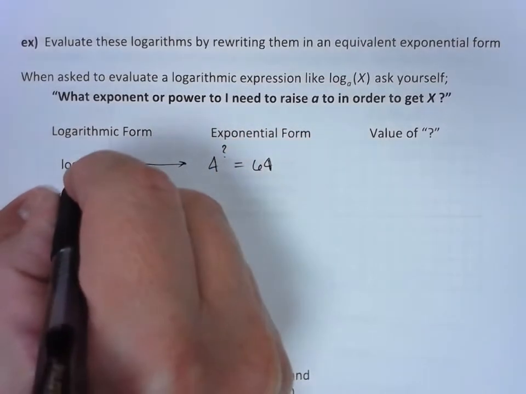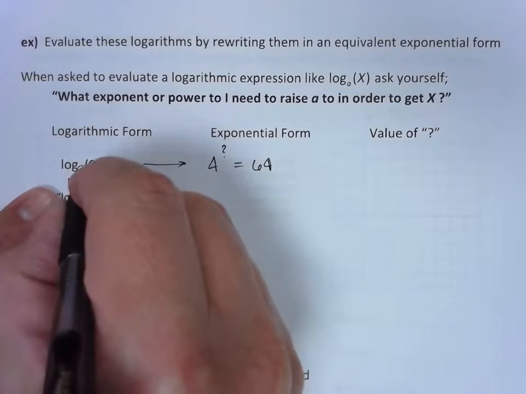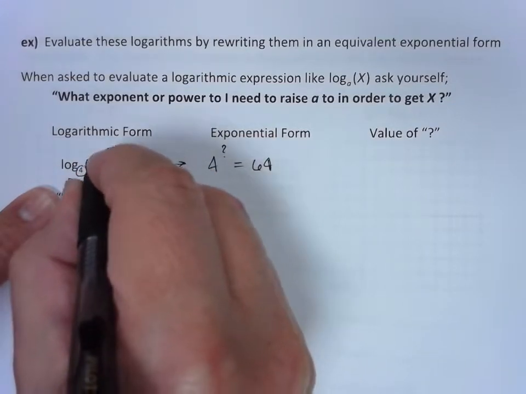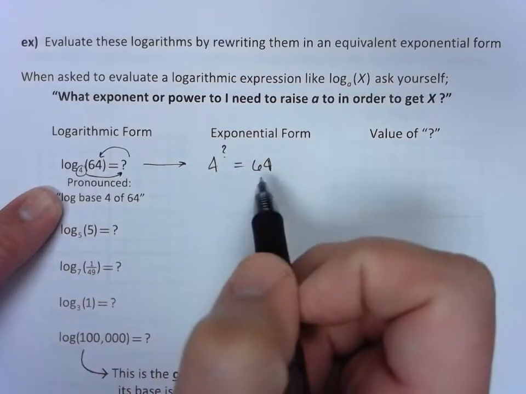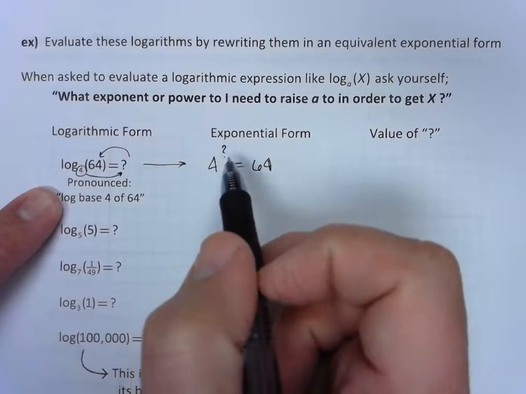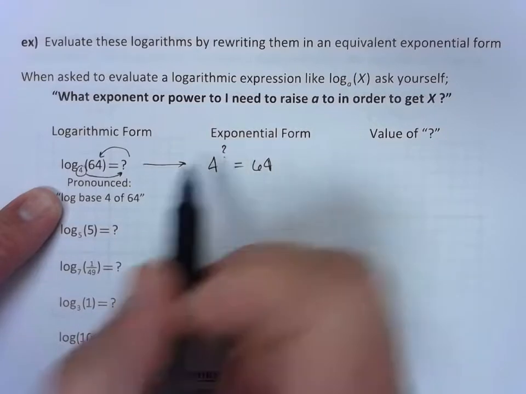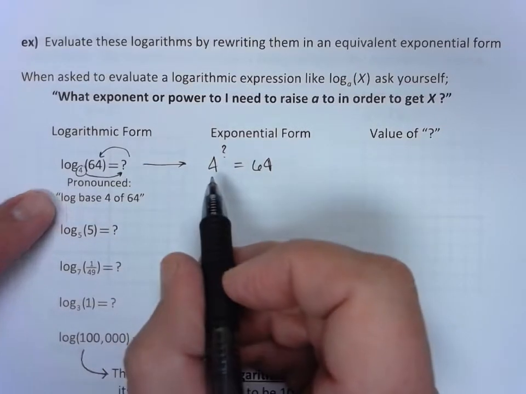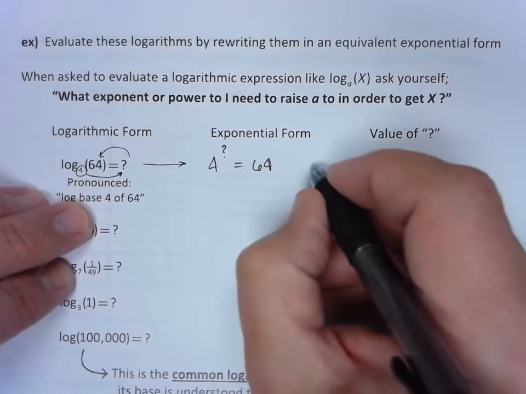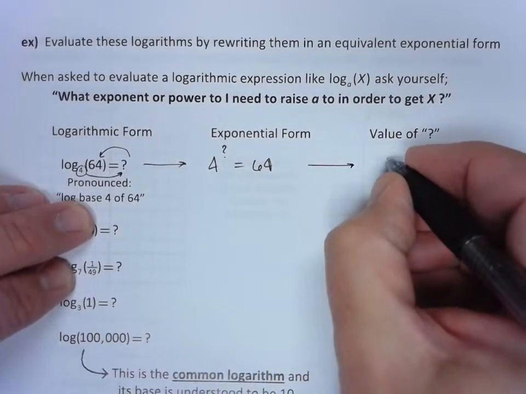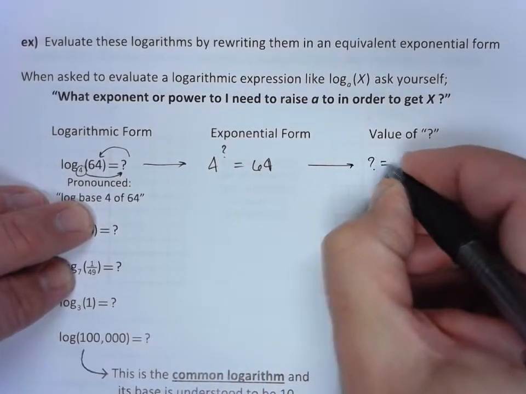And see, there's that spiral diagram I just showed you. 4 raised to this equals that. When you write this in exponential form, it's a little more intuitive what value of question mark you need there. 4 to the second power is 16, but 4 to the third power takes you to 64. So the value of question mark is 3.